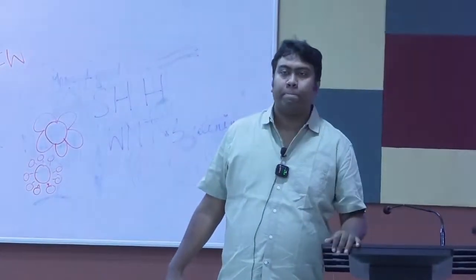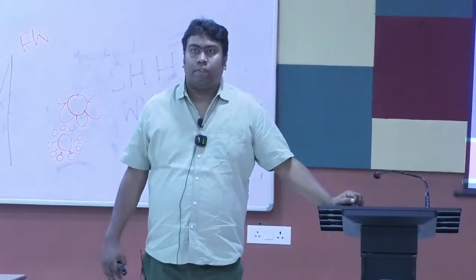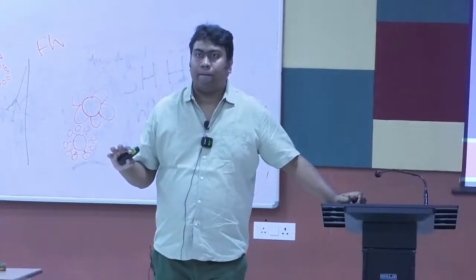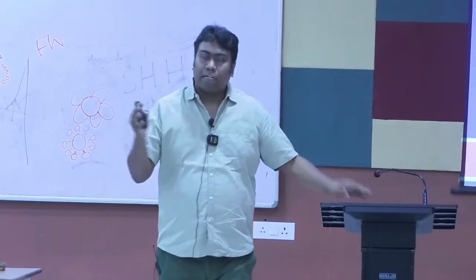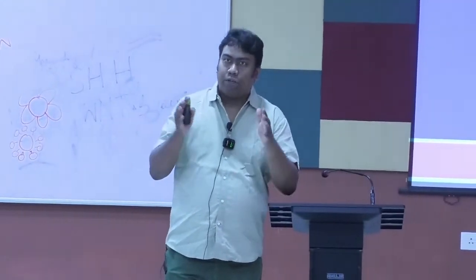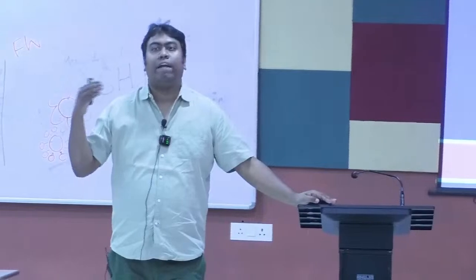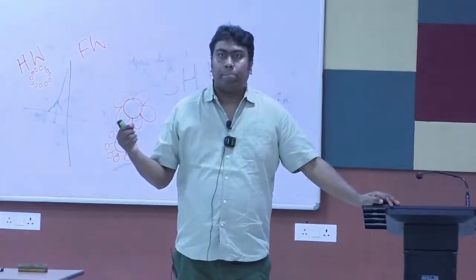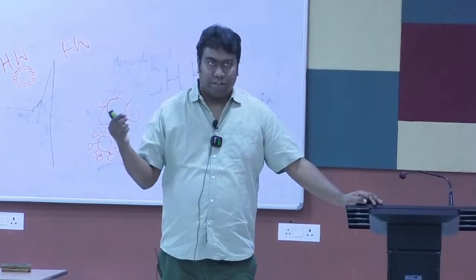There are how many types of analgesics? Anyone? Different types of analgesics. What is analgesic, or what is analgesia? Relief of pain. So what are different types of analgesics? Primarily two types. One is NSAID, non-steroidal anti-inflammatory drugs, which is used in somatic pain.